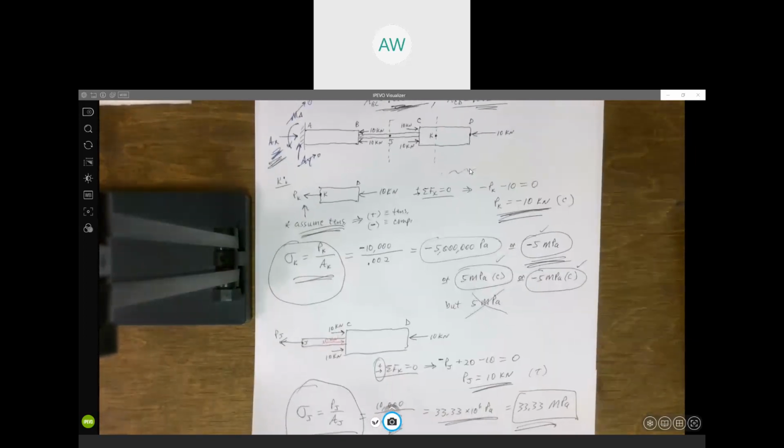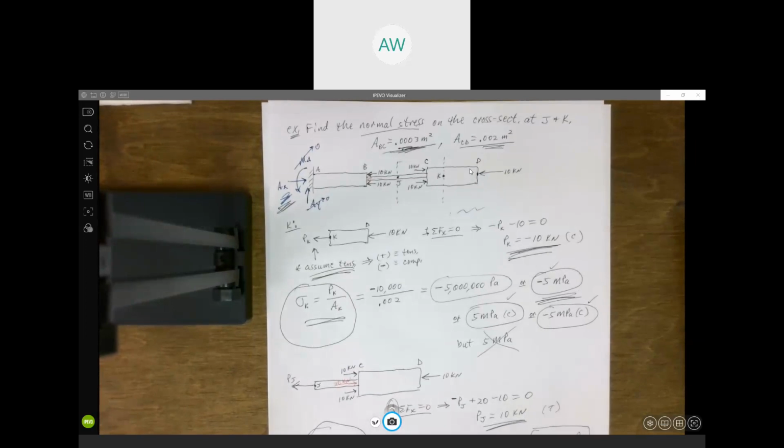So, yes, if you divide 10,000 by 0.003, it would be right. But where I messed up was I just wrote the area down wrong. So if the area is 0.0003, that gives you the 33.